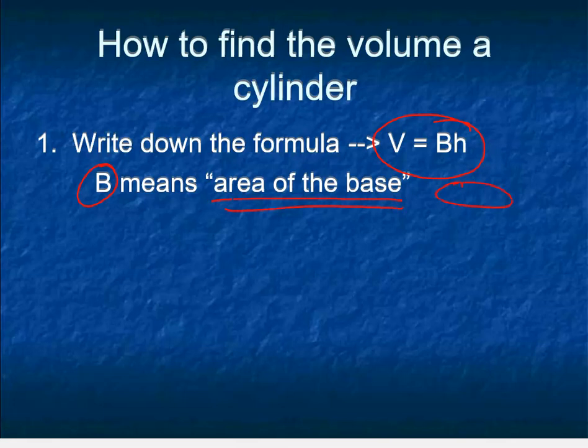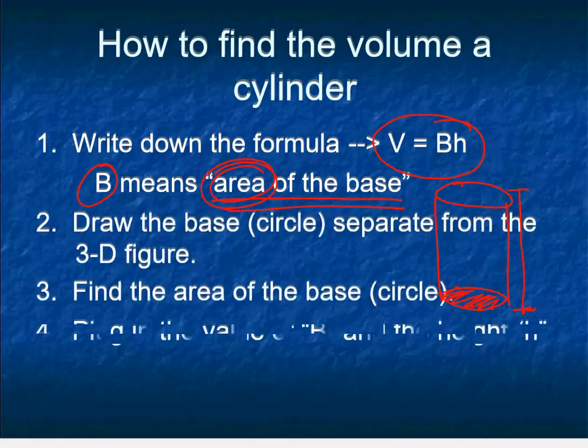If you're looking at a cylinder, the base is a circle. So you have to find the area of the circle and then multiply it by the height. We're going to move on so I can show you how to do that.